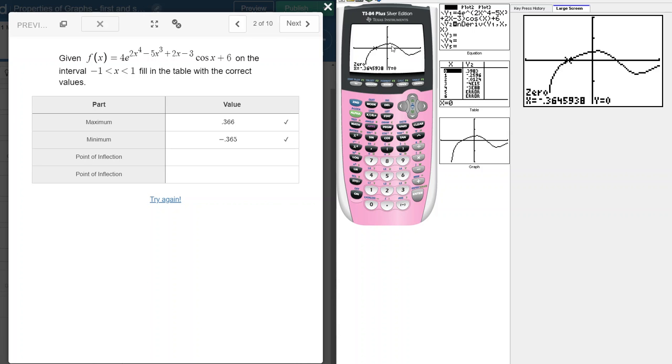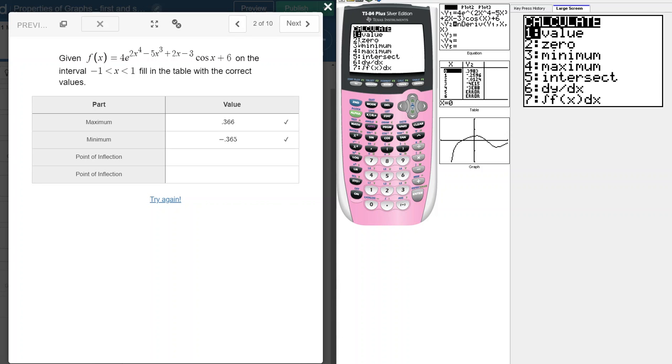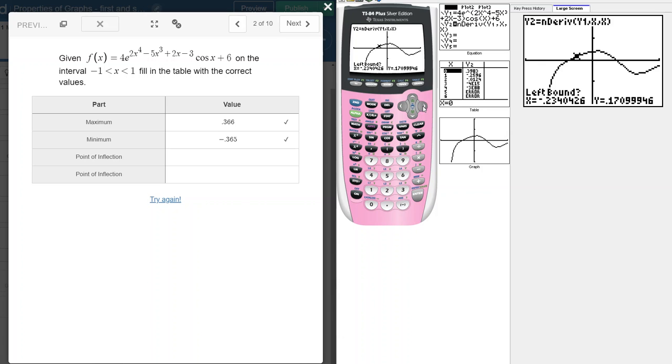So now instead of a 0, I want to find this maximum point up here. So I'm going to hit second trace again, but instead of 0, maximum, number 4. And I want to be on the left of the maximum, and it looks like the max is right about here, so I'm definitely on the left. Hit enter. Then I need to go to the right of it, so I want to be for sure to the right.